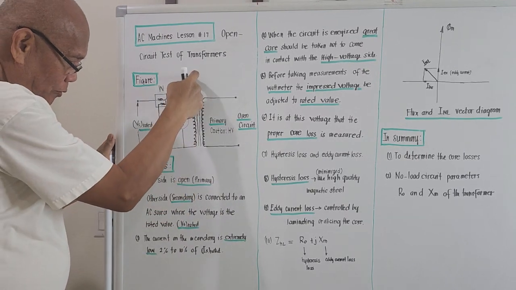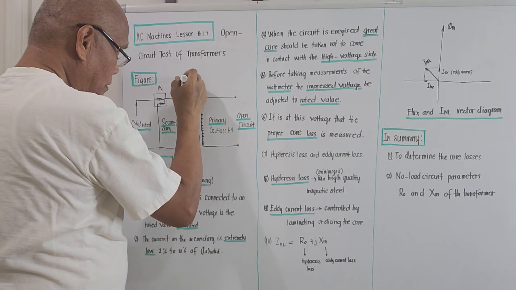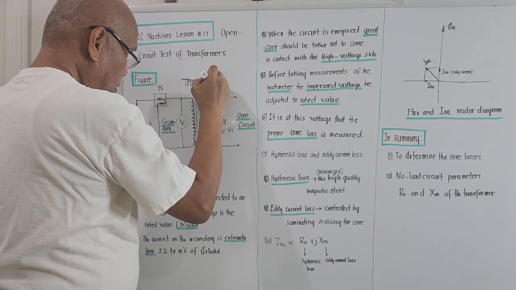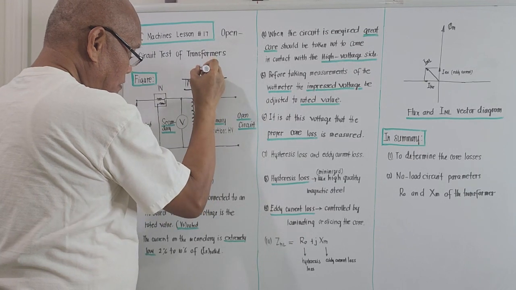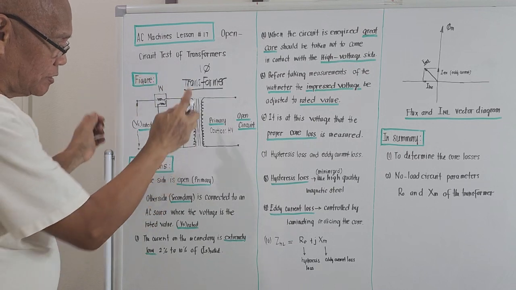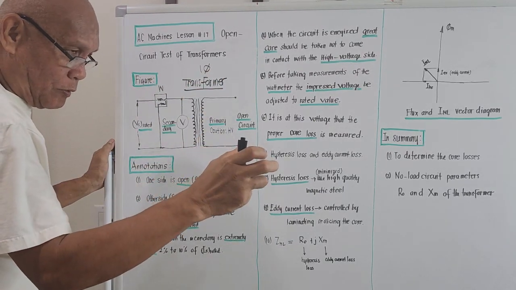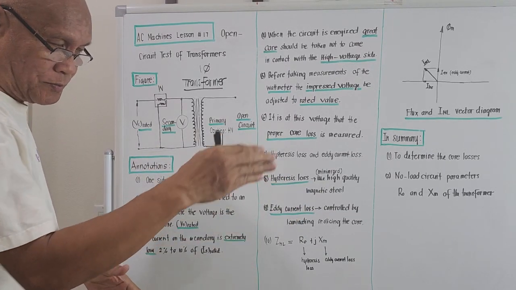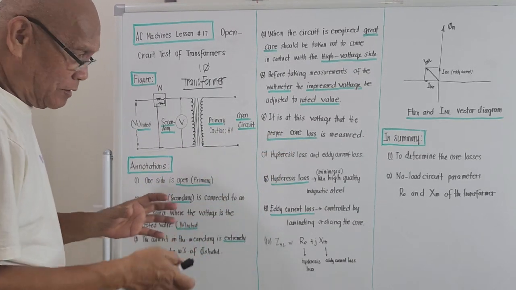This will be the transformer, single phase. Number 1 is the designation for phase. For the open circuit test, the connection is the reverse of the short circuit test.